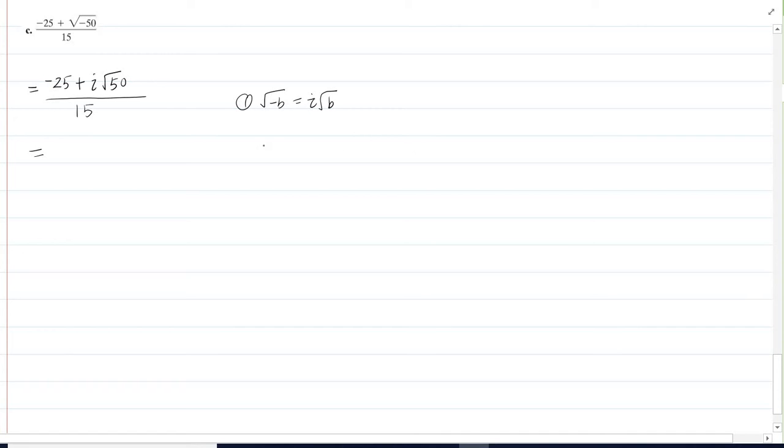So I'm going to go ahead and simplify this on this side. Square root of 50, I can actually write as square root of 25 multiplied by 2, correct? So square root of 25 is just going to be 5, and then you have square root of 2. So I'm going to write -25. So when I simplify this, remember that at the front there's an i right here, correct?